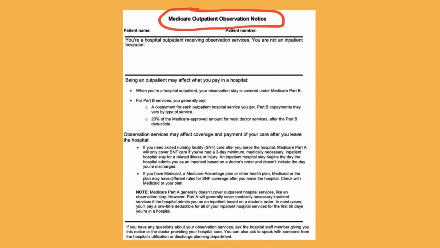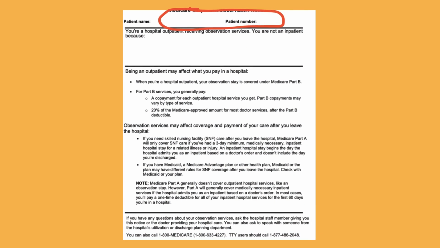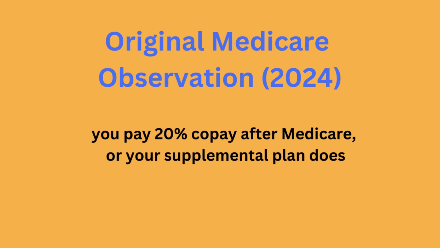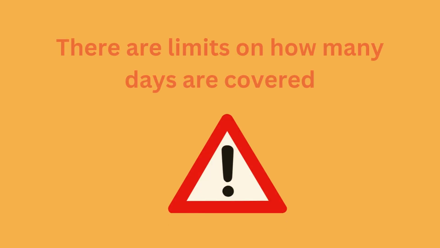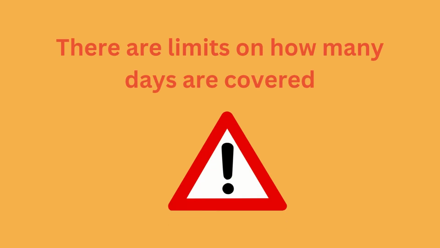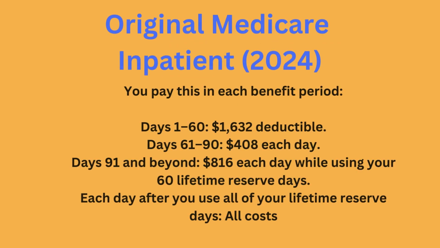But the hospital must give you a written notice on day 1, as the cost to you will be higher under Part B. Medicare also limits the number of days it will cover, with a different cost to you. The longer you stay, the more you pay.